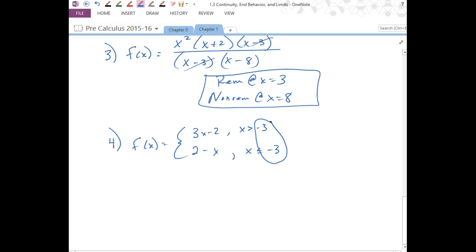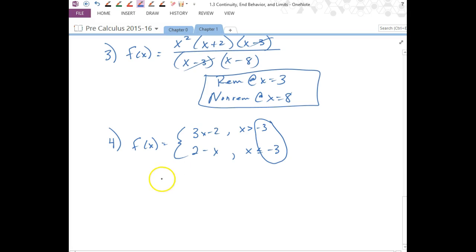-3. Where the function stops and where the other one starts. We're just going to plug -3 into both of them and see if they meet at the same place, if they have the same y value.